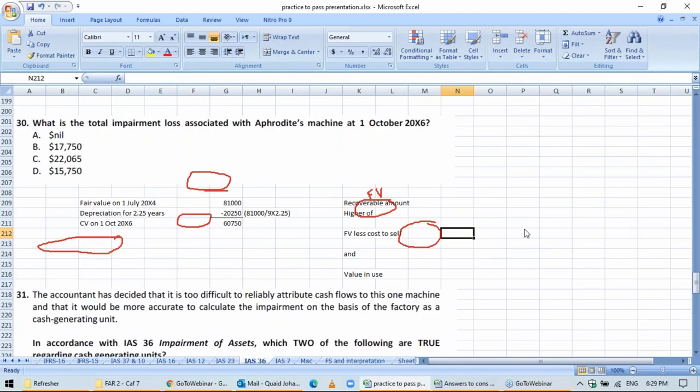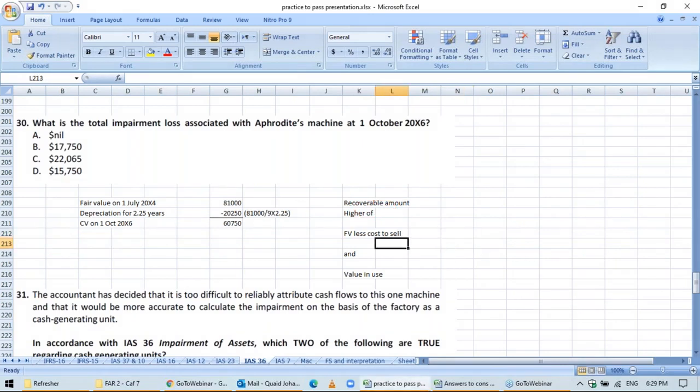The fair value is 45,000 and the cost to sell is 2,000. This gives you 43,000. Then the value in use is 38,685. So the higher of both of these is 43,000.